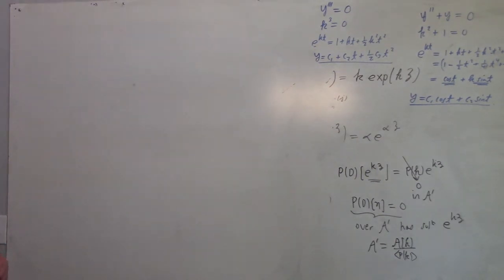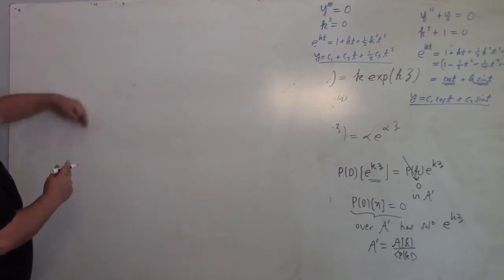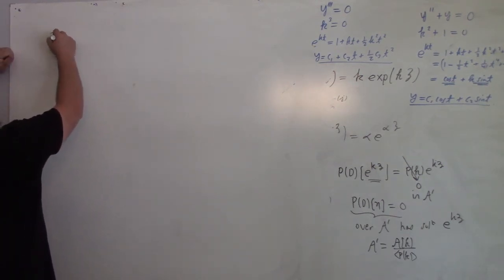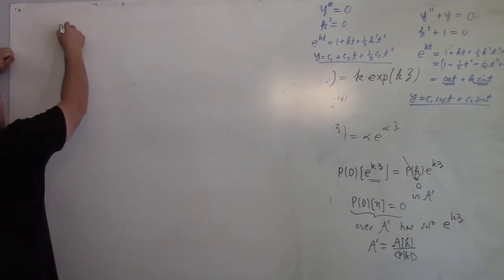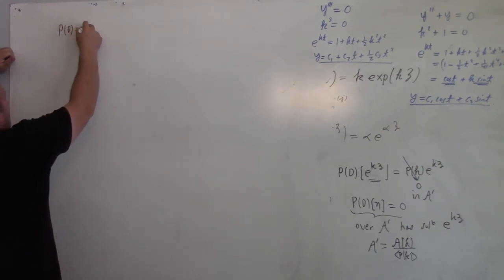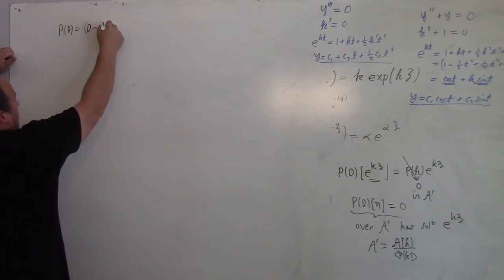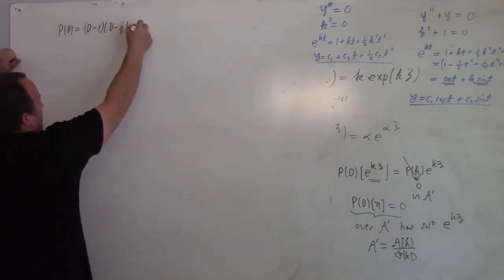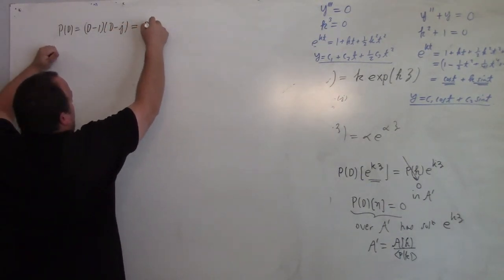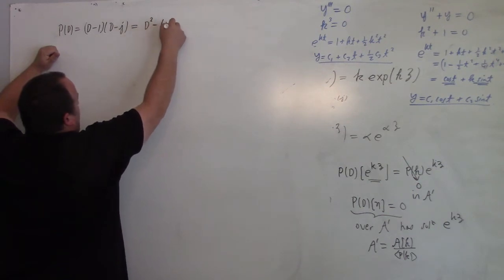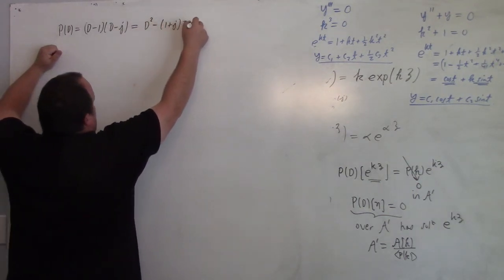So the differential equation is P of D, which is D minus 1 times D minus j, which is D squared minus (1 plus j) D plus j.